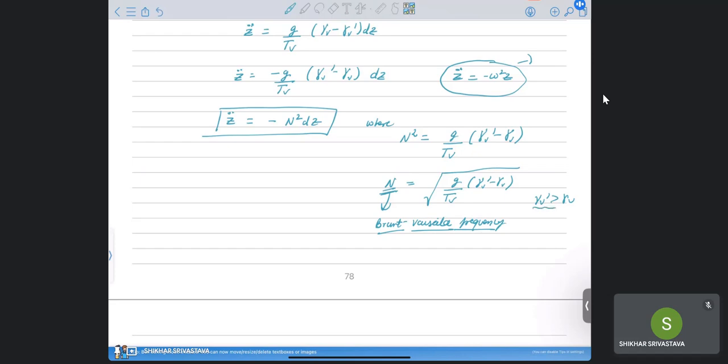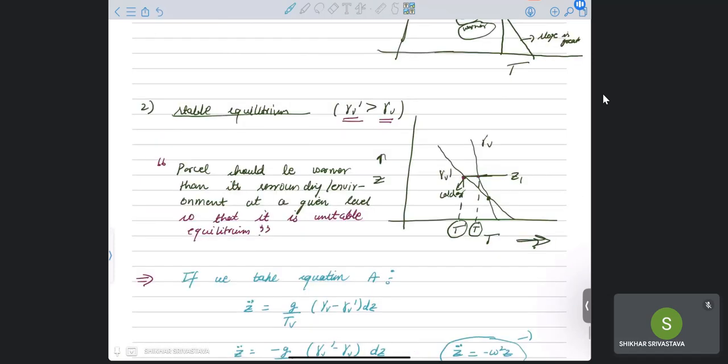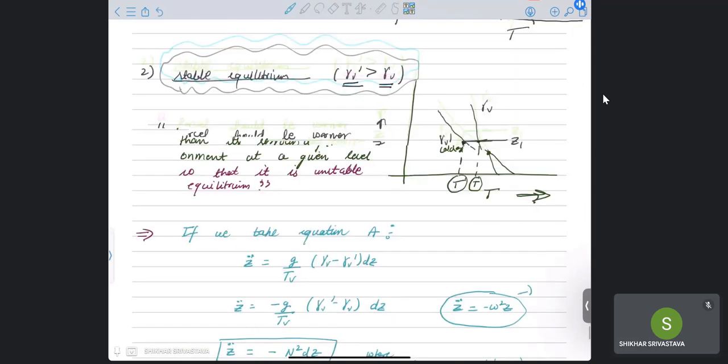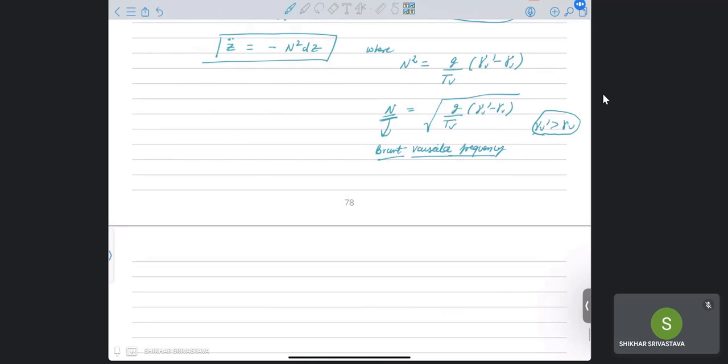And gamma v dash greater than gamma v corresponds to the stable equilibrium case. So the parcel will oscillate about the stable equilibrium, and this is called the Brunt-Väisälä frequency.